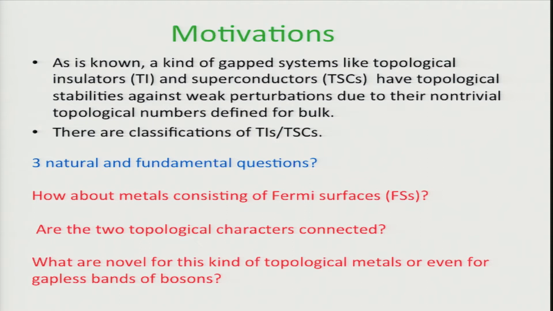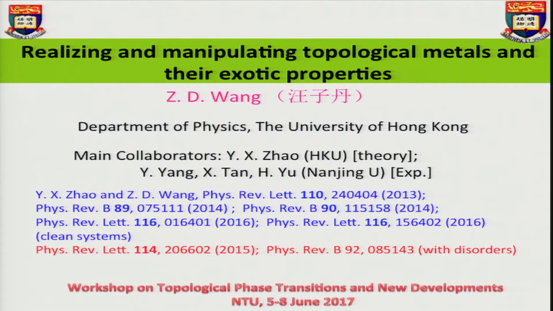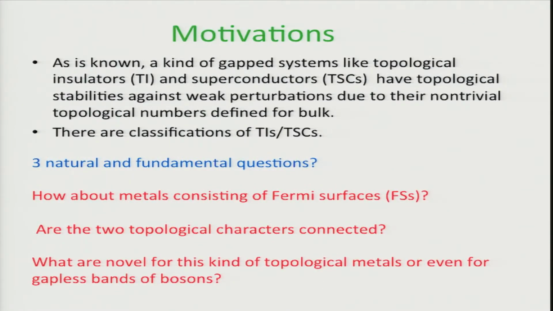I think most of us have been quite familiar with so-called topological insulators, some gapped systems. The most representative is the integer quantum Hall effect. And there is also the topological insulator, that is a time reversal symmetry protected gapped system, and also the particle-hole symmetry protected superconductors.